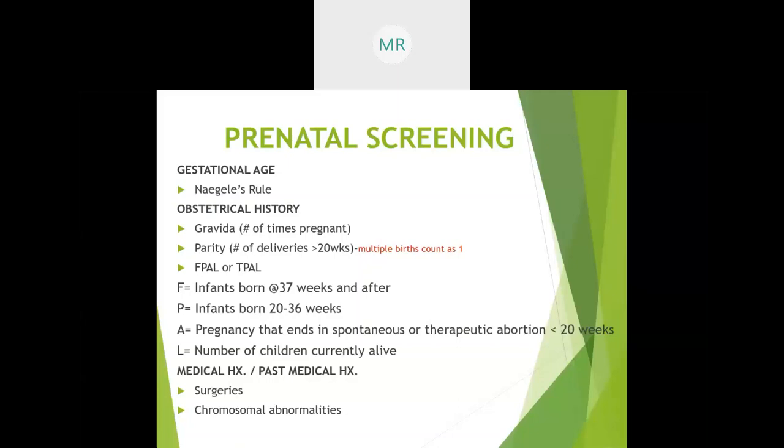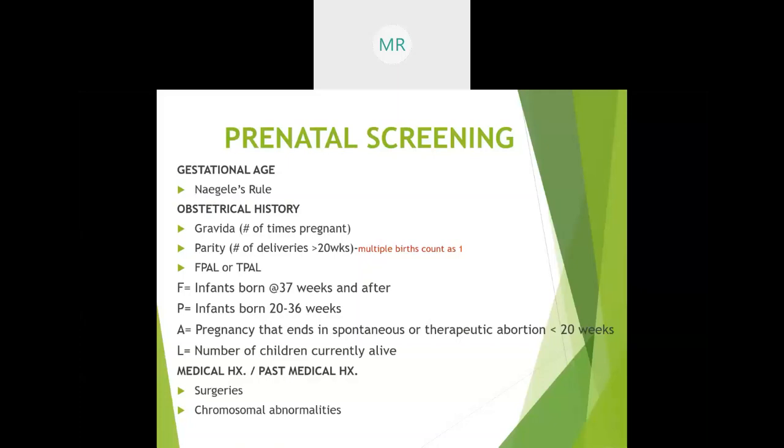Abortions are pregnancies that end, spontaneous or therapeutic, at less than 20 weeks. So if you have a mom that had a miscarriage at, let's say, 18 weeks, that's going to go under abortion. It will not be considered a preemie until it's after 20 weeks. If her baby didn't make it and the baby was 22 weeks, that will be considered a preemie.